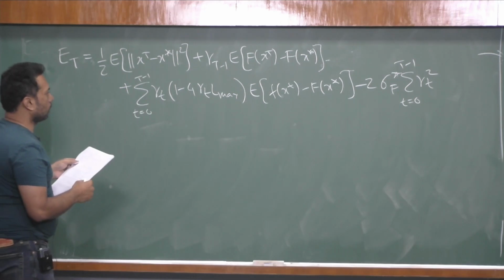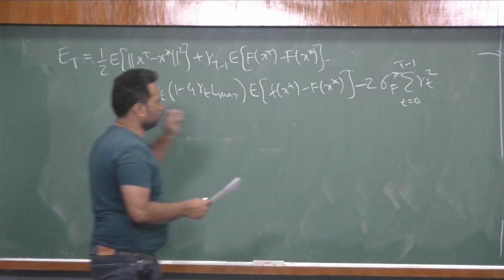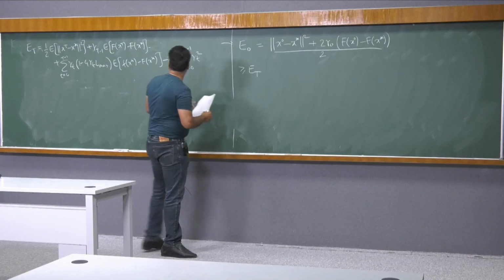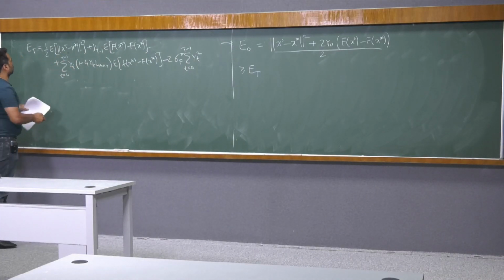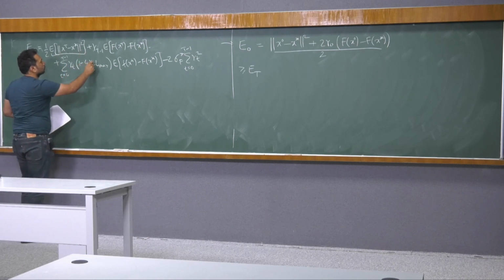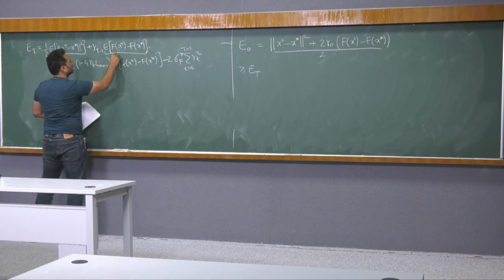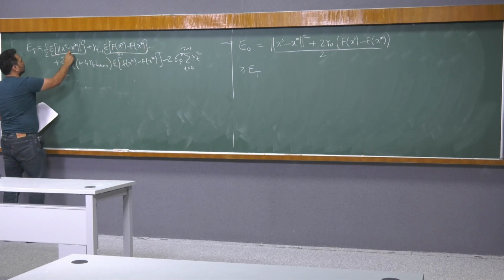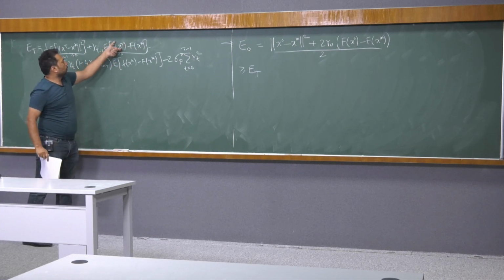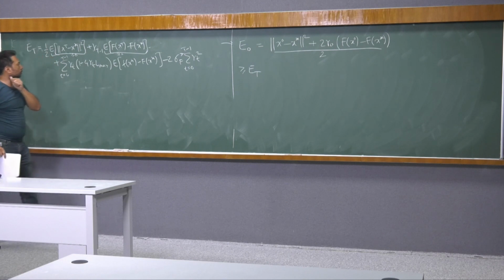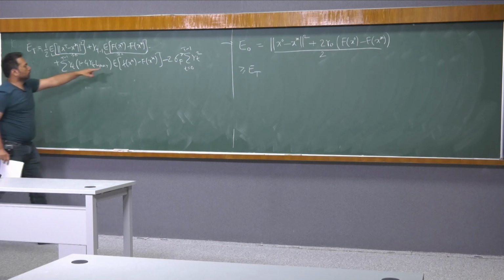So what we will say now is that Et is greater than equal to, say, if you look into these terms, this term is positive because it's a norm, expectation of something positive, and this is also positive. Okay, and this is positive. Once again, it's minimum, so any quantity will be greater than equal to the minimum. So Et is greater than equal to now these two terms.